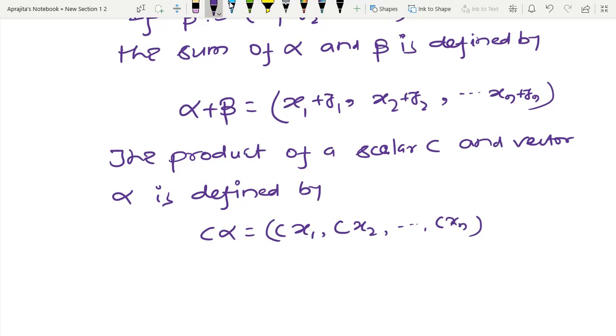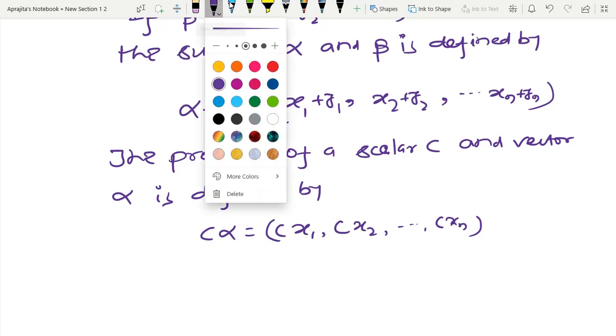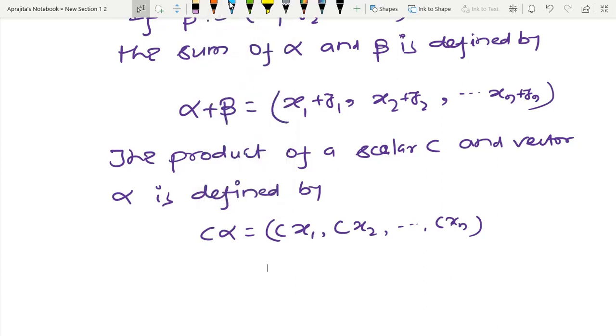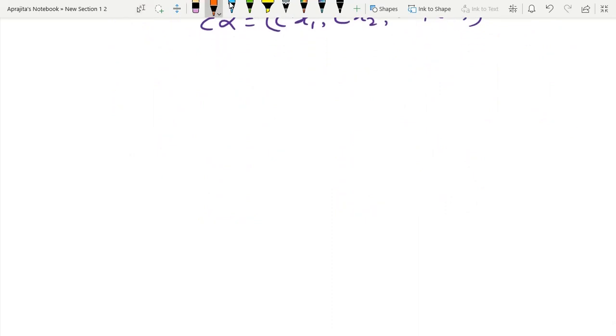Similarly, I can talk about the second example. So I have example 2.